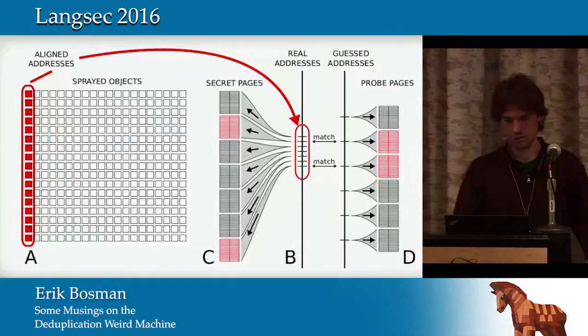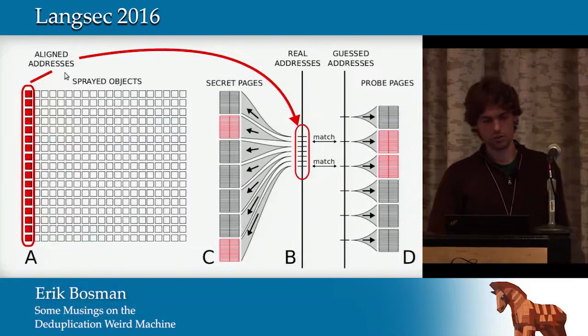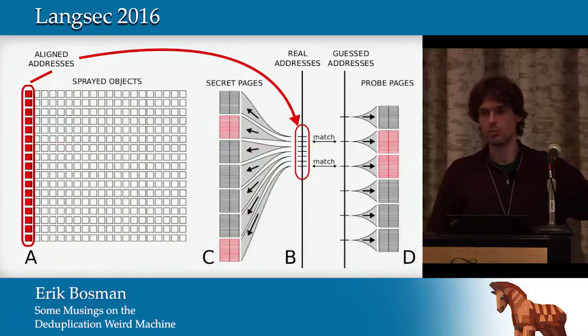This is a figure from the paper. In practice, we have a side channel where we leak objects on a megabyte boundary.